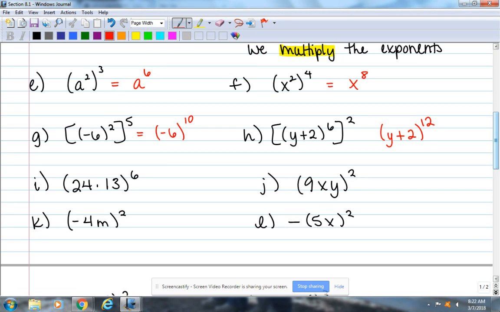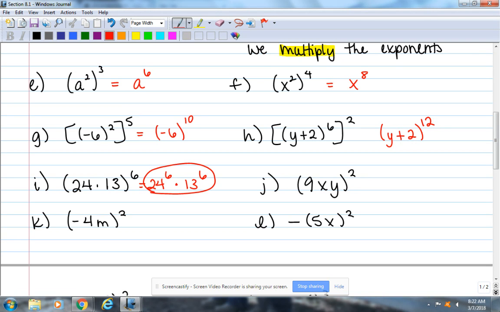So this one right here, it says 24 times 13 to the 6th power. Everything is going to get the 6th power. Y'all with me? So 24 is going to get the 6th power, and then 13 is going to get the 6th power. Let me see if these numbers are big. Oh, yeah, these numbers are really big, like over 1 million big. So I'm going to just leave that one alone. But that's just to show you whatever's in parentheses, they each get the power. And if it already has a power, you multiply the one you got with what it is.